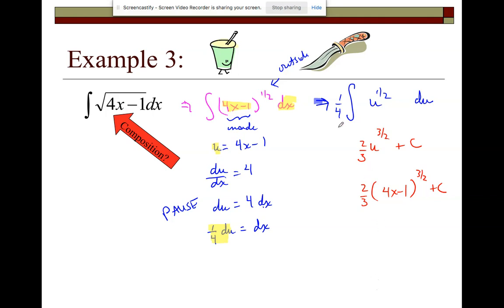You forgot your osmosis. Your 1/4 is there. So I have 1/6, right? 1/4 times 2/3.